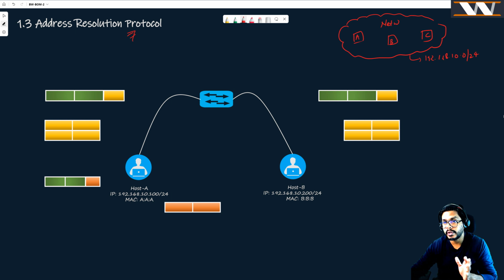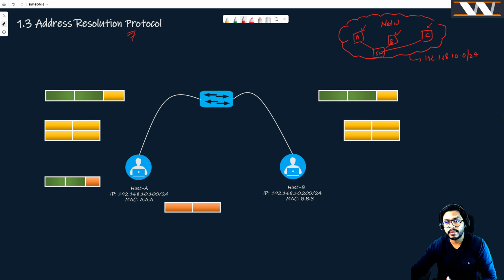We are not talking about communication between networks. We are talking about communication inside a particular network, between hosts inside it. Maybe you can have a switch here. You can connect all these things to the switch and all of these hosts will start communicating with each other.